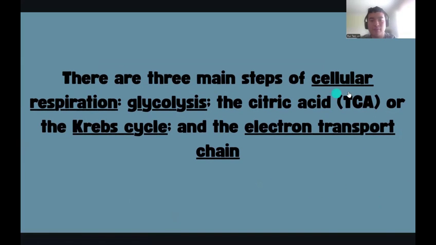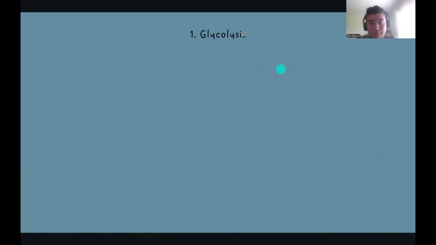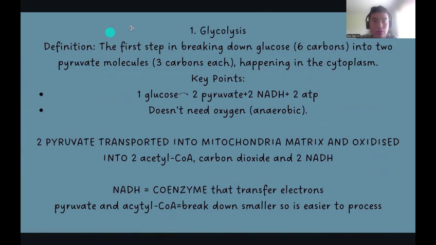So there are three main steps for cellular respiration: glycolysis, the citric acid or Krebs cycle, and the electron transport chain. So glycolysis is 1, the TCA or Krebs cycle is 2, and the electron transport chain is 3.